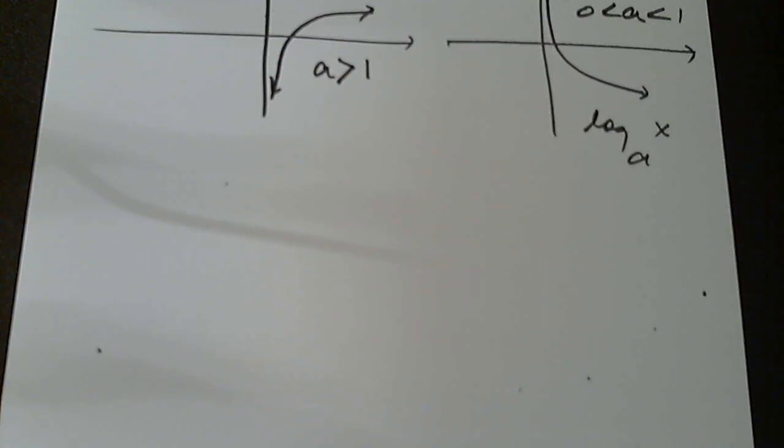Write each equation in its equivalent exponential form. Write each equation in its equivalent logarithmic form. So let's choose from here. This is the most important relationship: being able to toggle between exponential equation to log equation and back.